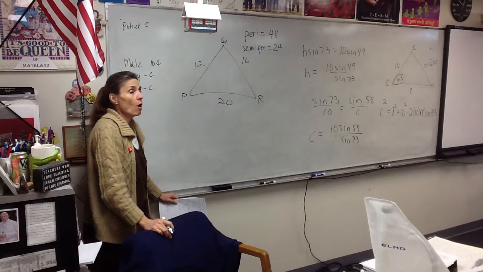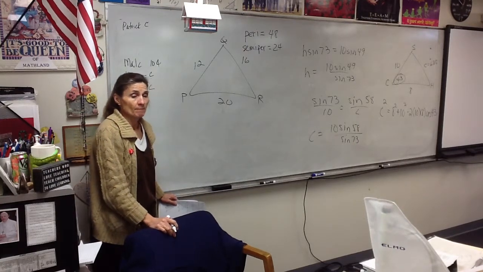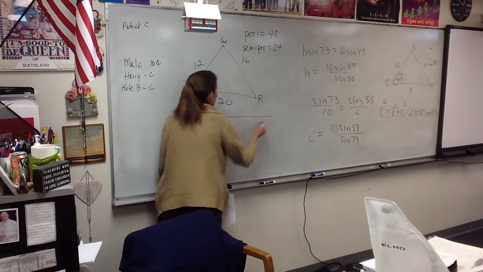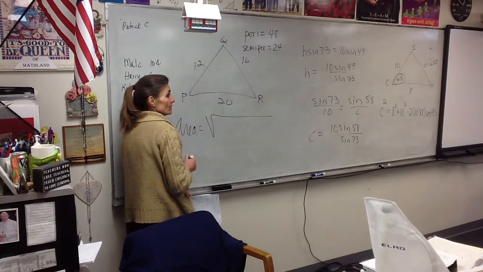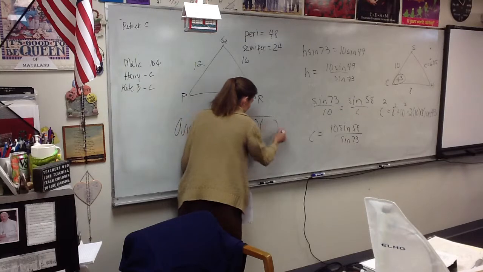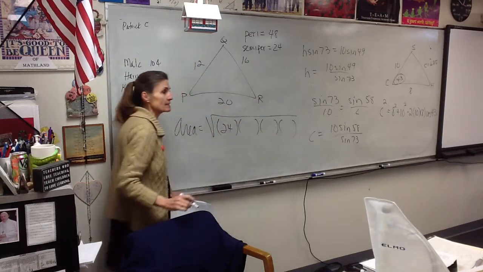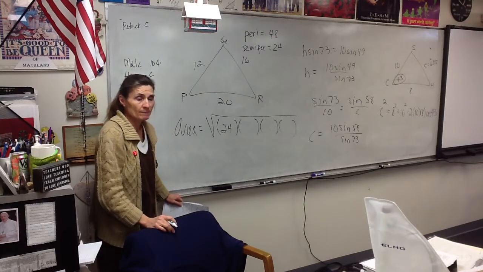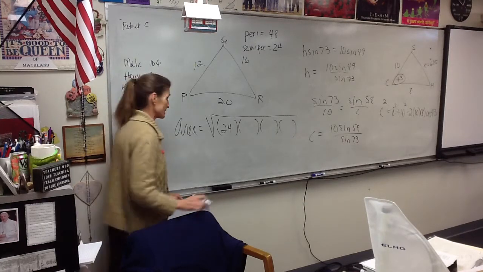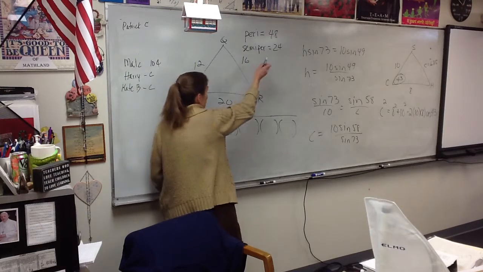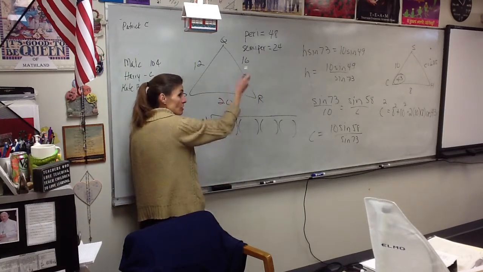When we know all three sides, the area will be the square root of 4 things. The first thing is the semi-perimeter that you already found. What are the other 3 things? 24 minus each of those.